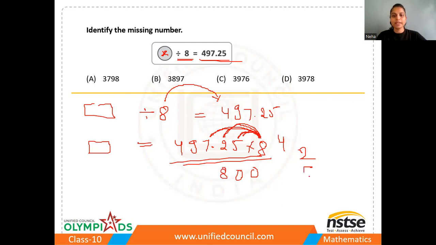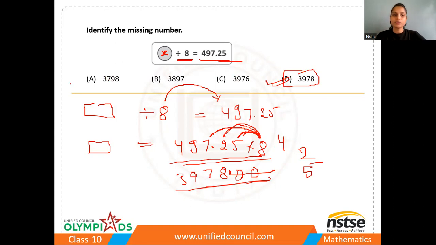Then again, we get 3, 9, 7, 8. There are two digits after the decimal, so these two zeros get cancelled out. So this is 3978, which I can see in option B.